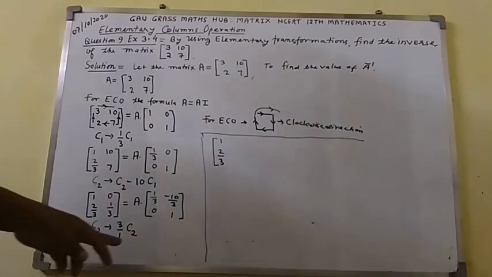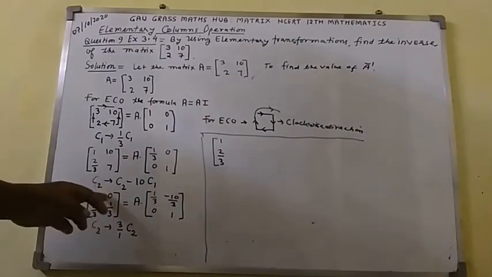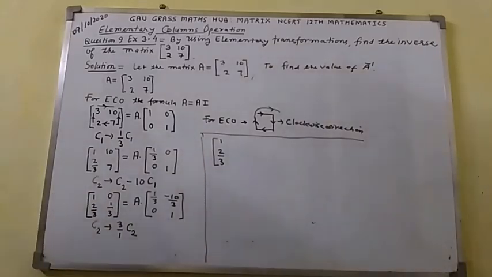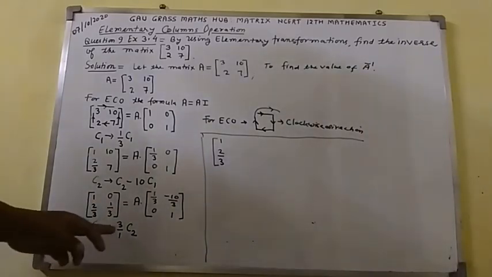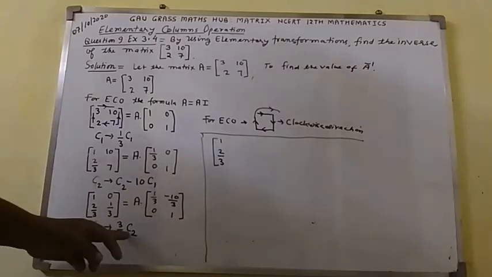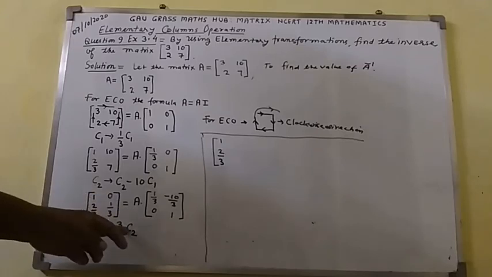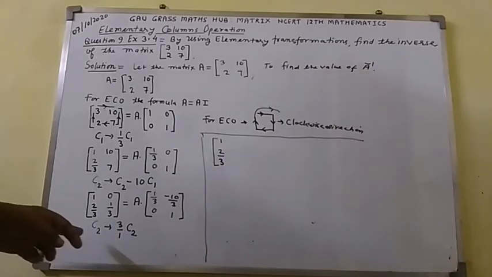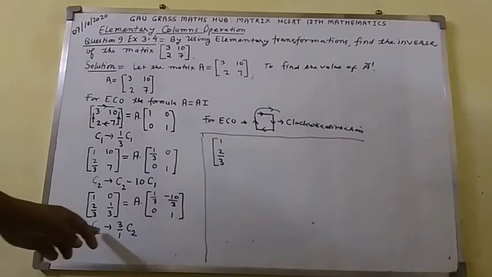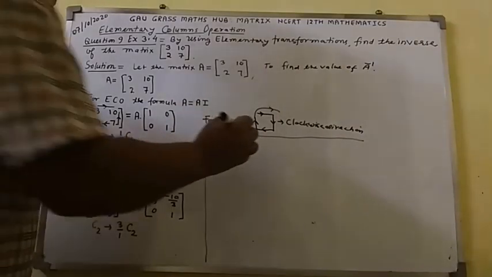In place of 0, what should come? You have to consider. Here you can see C2 goes to 3 over 1 C2. The value of C2 here will become 0. 0 multiplied by 3 comes out to 0, 0 over 1 comes out to 0. So here I shall write 0.